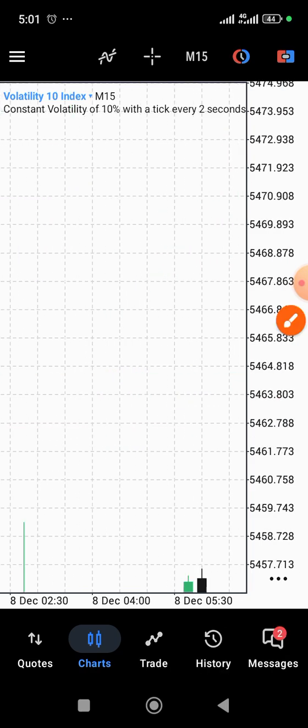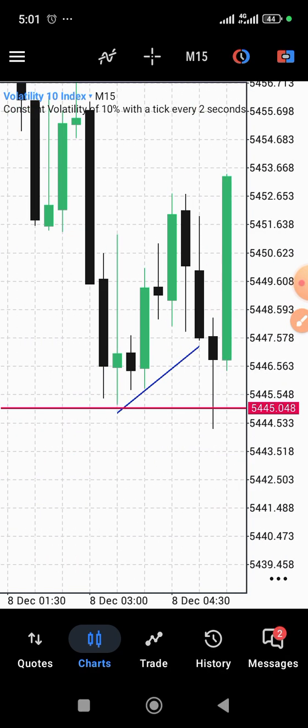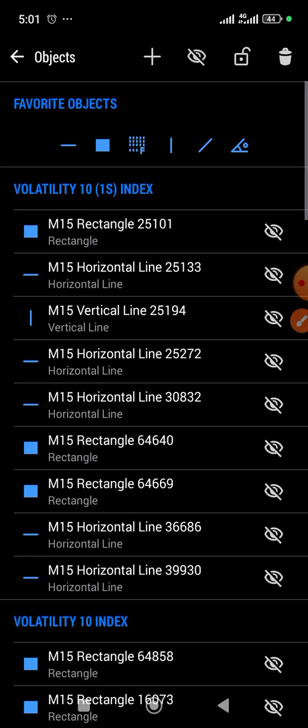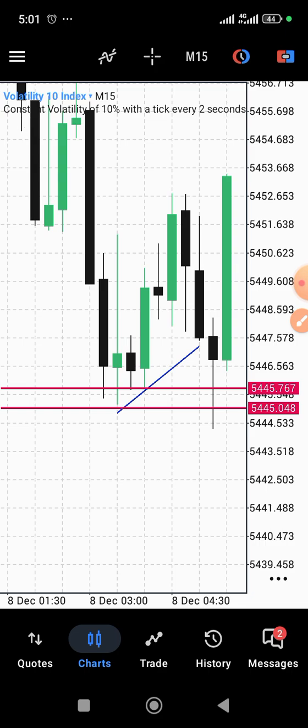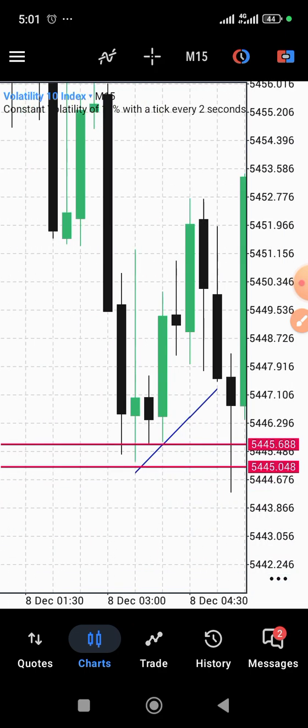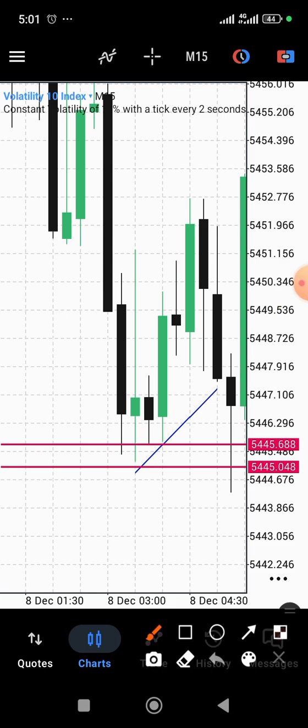Observe closely. Let me zoom in. These are very closely packed lows. And if we take this line and put the line here, let me further zoom in. You'll see that the particular candlestick's low did not go below the low of the previous candlestick.